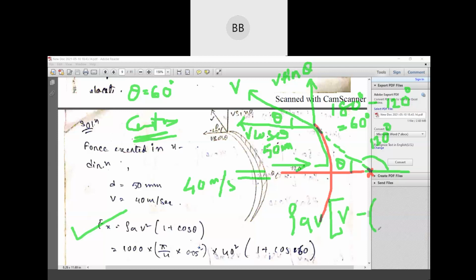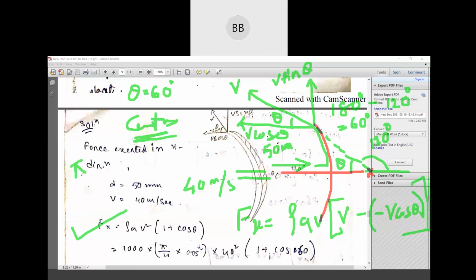V. Then after strike in x direction, if we are considering F of x, rho a v, initial velocity is v, that is 40 meter per second, minus what will be in x direction, that is minus v cos theta. So rho density, you can take 1000 kg per meter cube.